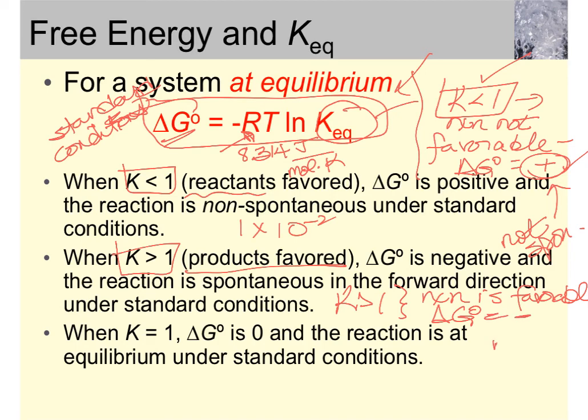Another way to say that is that the reaction is spontaneous. It's favored energetically. And finally, if delta G naught is 0, that is the equilibrium position, and at the equilibrium position under standard conditions, K equals 1.